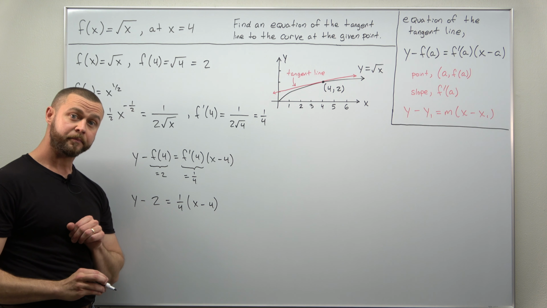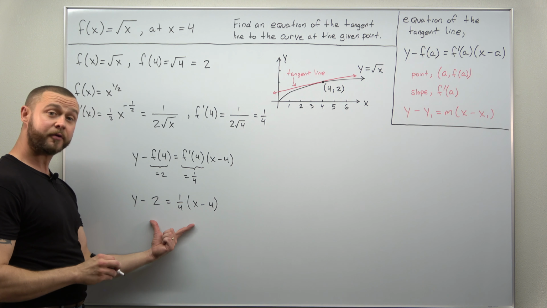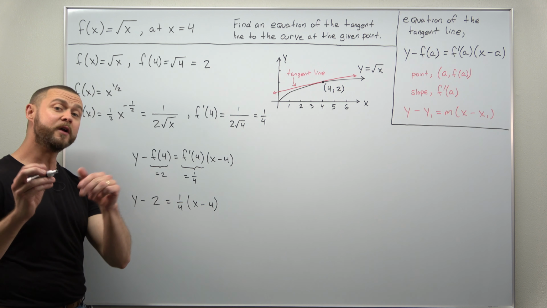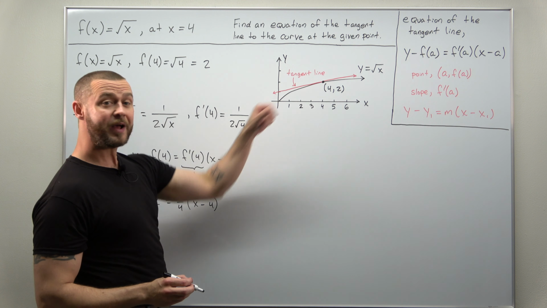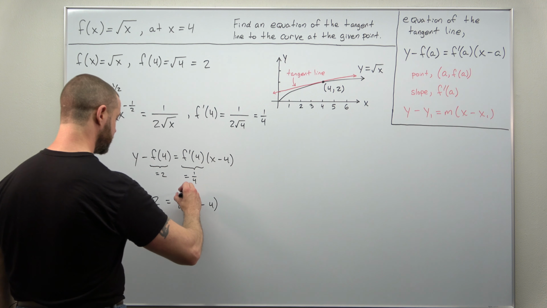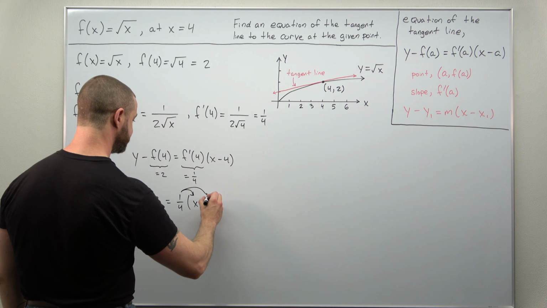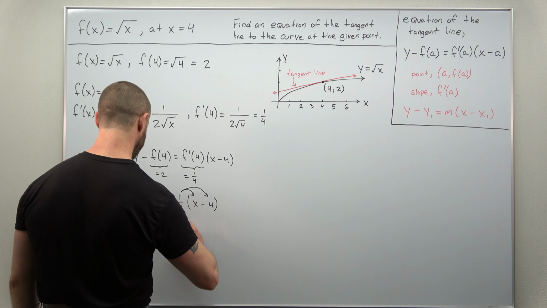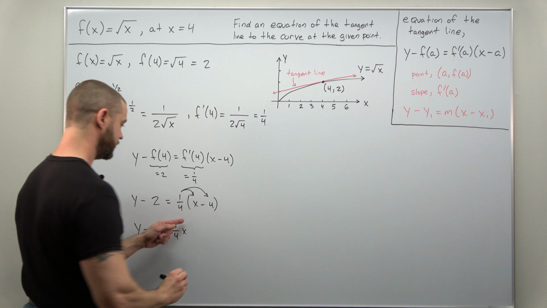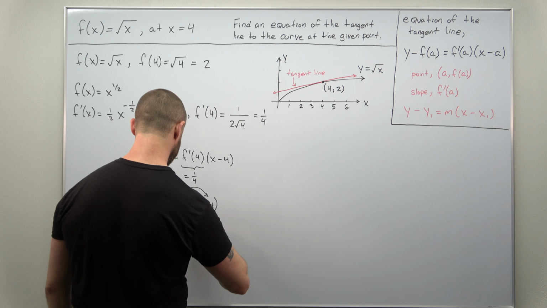And there we go. Now just to make a connection from this form, which is point-slope form for the equation of the tangent line, let's solve this for y. First I'm going to distribute. We'll get y minus 2 equals 1/4 times x minus 1.